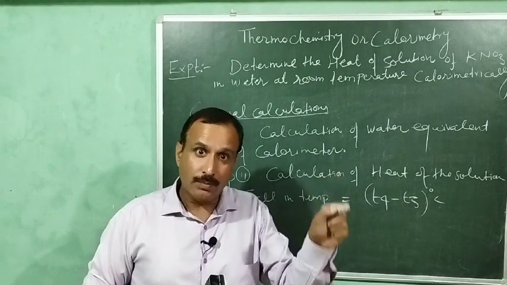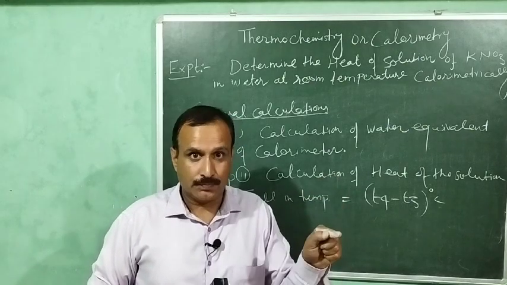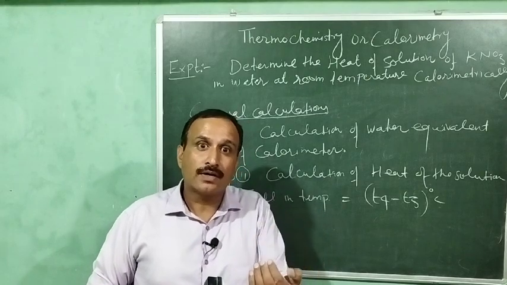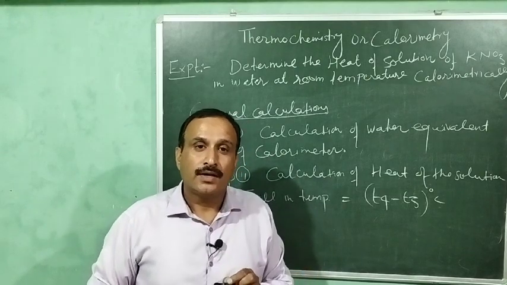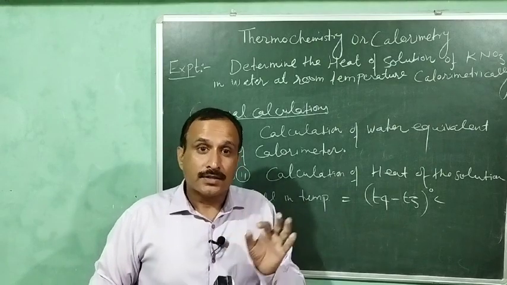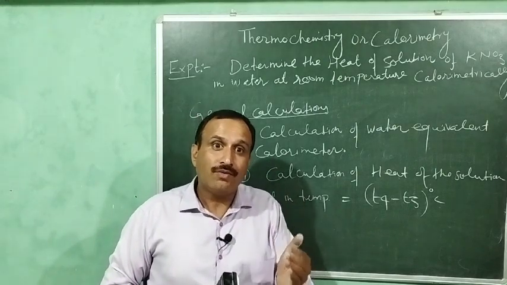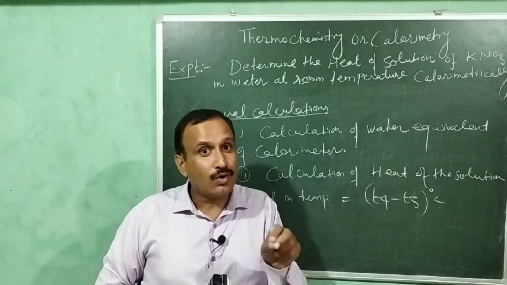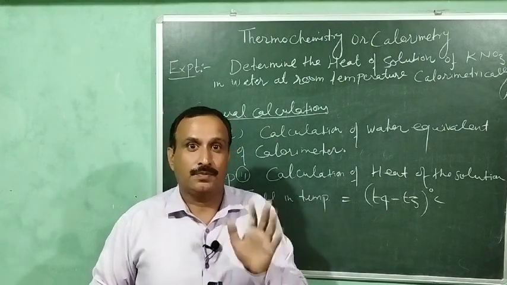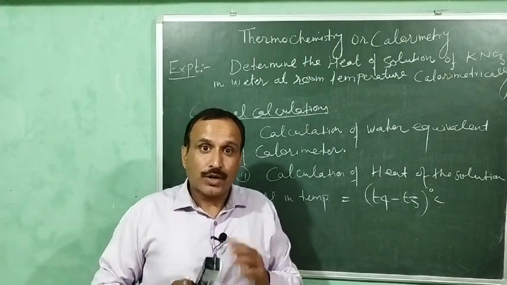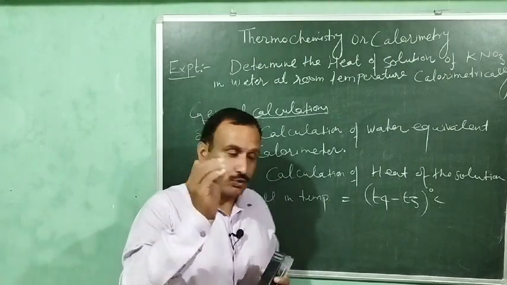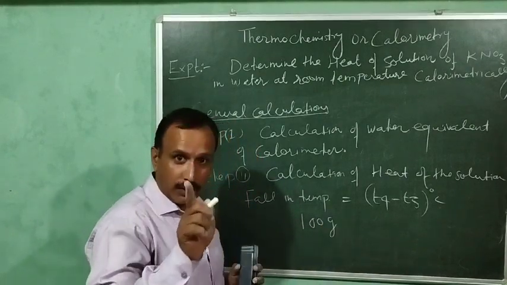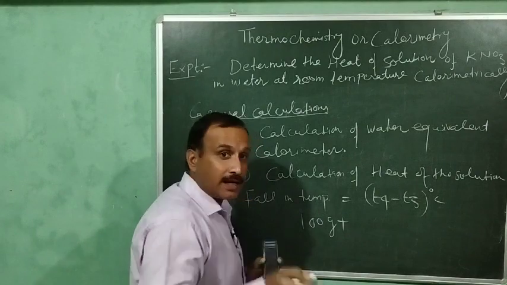Okay, because the calorimeter is also part of the system. ठीक है, तो जो पोटाशियम नाइट्रेट है वो हीट एब्जॉर्ब कर रहा है कोल्ड वाटर से, कैलोरीमीटर से, साथ ही साथ जो हमने 5 ग्राम पोटाशियम नाइट्रेट डिसॉल्व किया है वाटर के अंदर, that also becomes the part of that सिस्टम. ठीक है, तो पोटाशियम नाइट्रेट ने जो हीट एब्जॉर्ब करी है वो करी है 100 ग्राम वाटर से प्लस कैलोरीमीटर से.